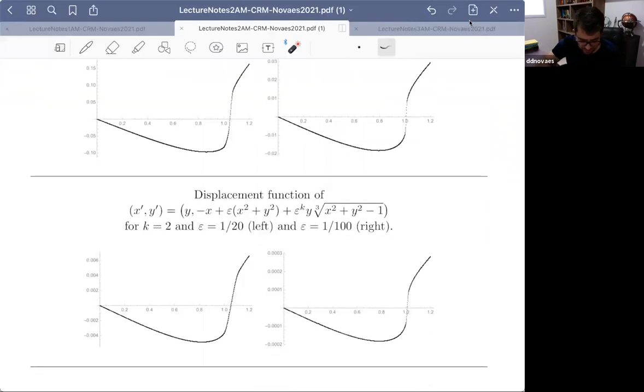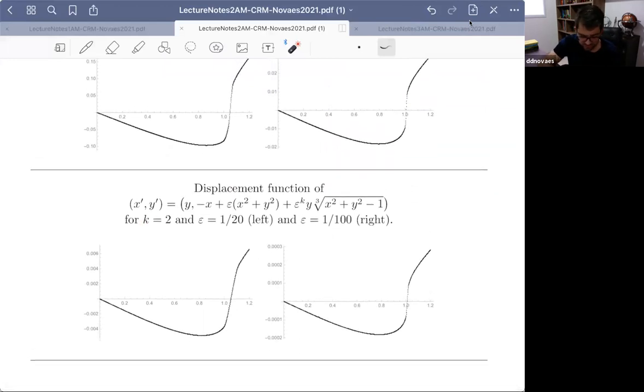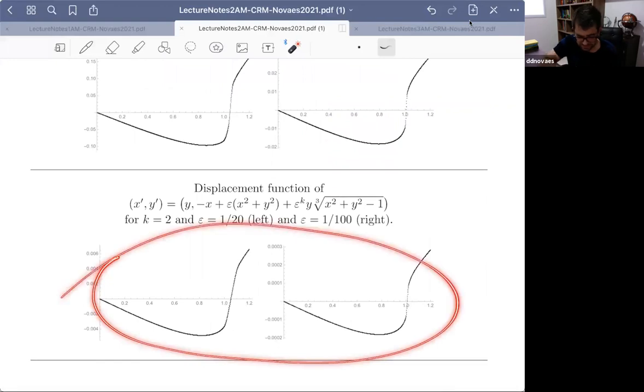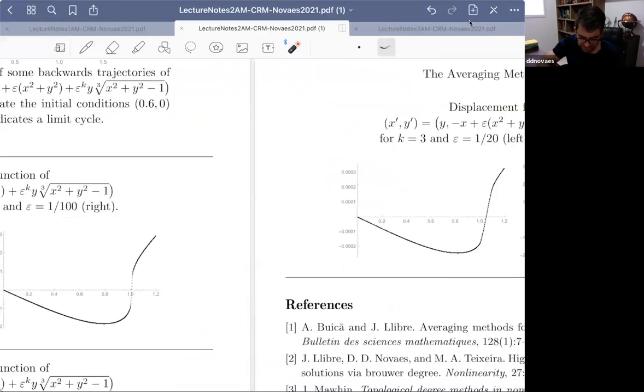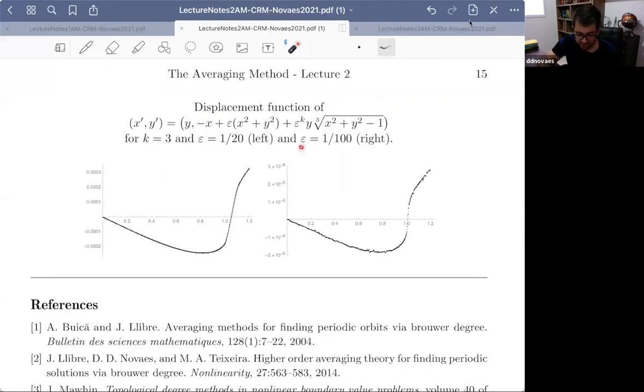The same happens for other values of k. This is the same happening here. And in the last case, when I take k equal 3 and epsilon equal 1 over 100, we start to get some numerical issues here. So we stop it.